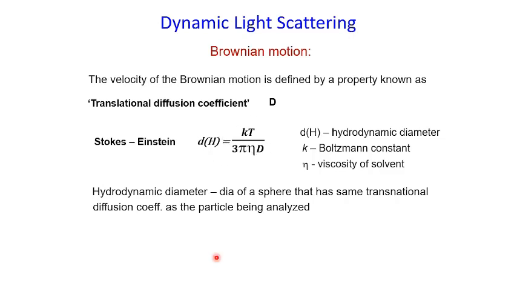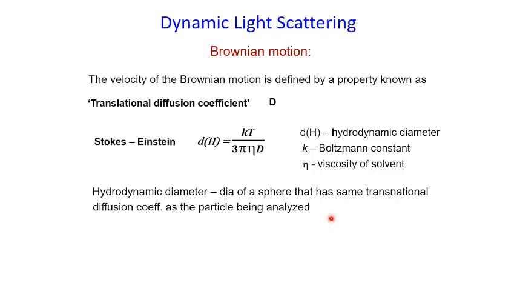Okay. So this dynamic light scattering technique will essentially try and measure this diffusion coefficient so that we can use this Stokes-Einstein equation to derive the size of the particles.